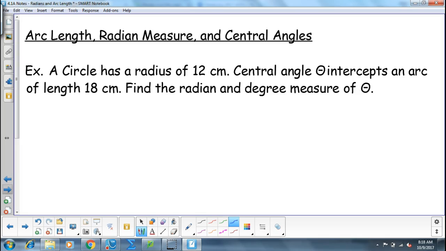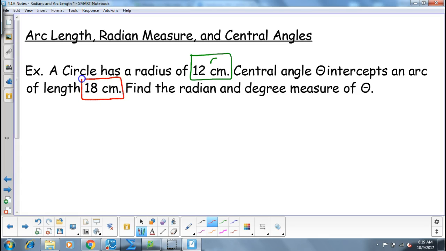Okay? So, a circle has a radius of 12 centimeters. What's that part? That is R. A central angle, theta, intercepts an arc length of 18 centimeters. What's that? That's S. Find the radian and degree measure. So how many answers do we need to have? 2 answers. So we want the theta one.